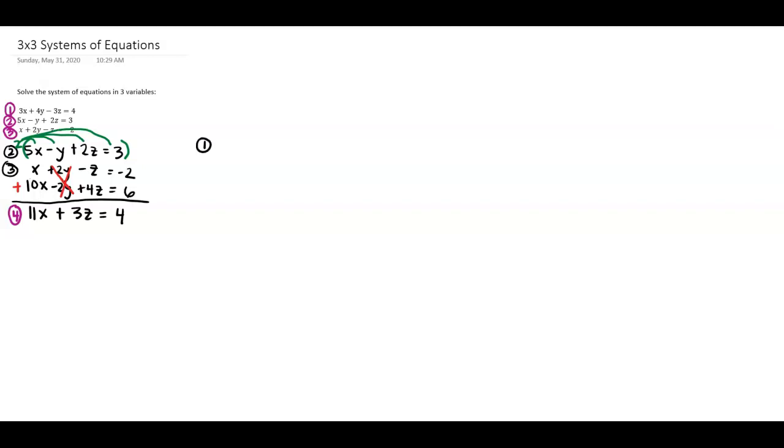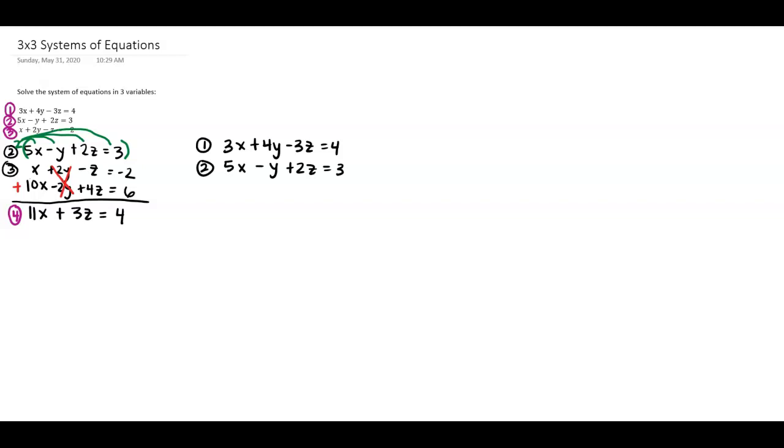So equation 1, 3x plus 4y minus 3z equals 4. And equation 2, 5x minus y plus 2z equals 3.